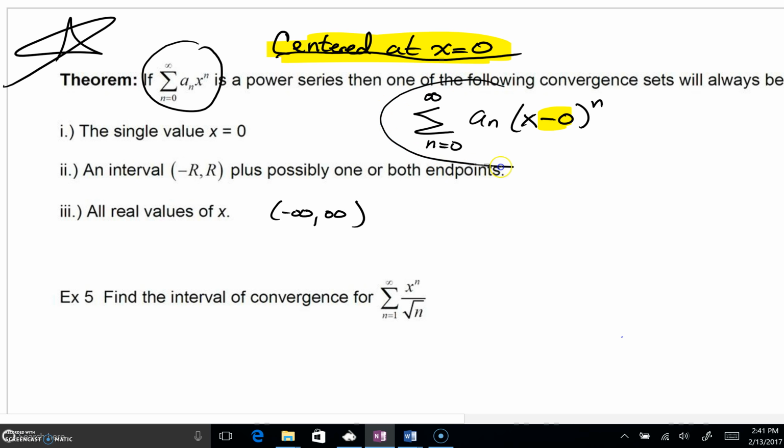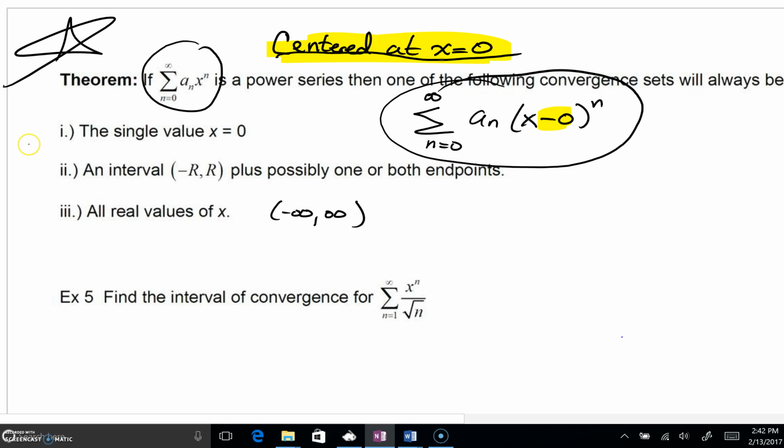If you look right here, whatever x is being subtracted, if you have x minus a number raised to the nth power, that's where you are centered. Why do we call it that? That's actually where you would get trivial convergence. That's where you'd say, when I plug in the appropriate value of x to cancel out where you are centered. If you're centered at 0, you let x equal 0. You will always get that value of x to converge.